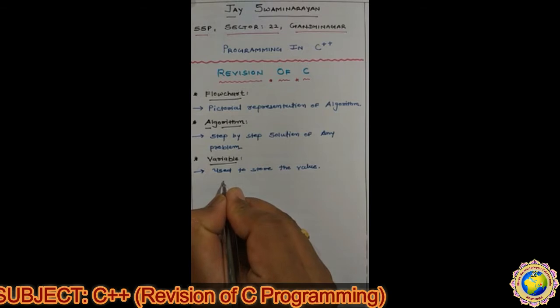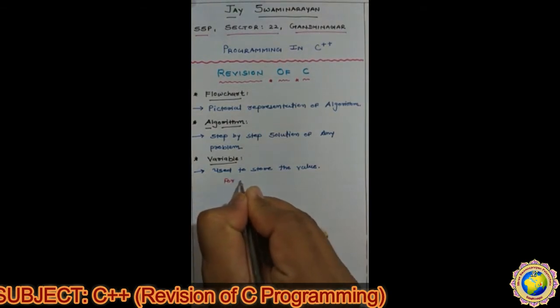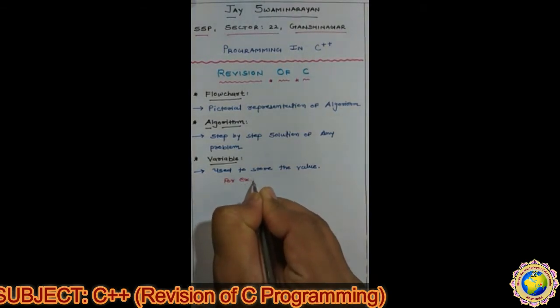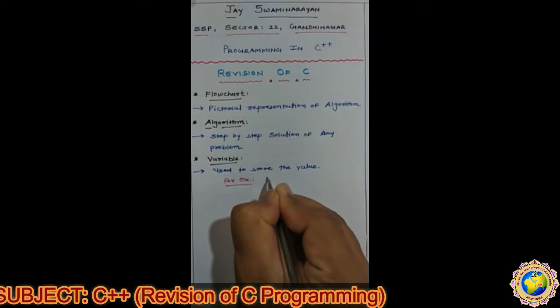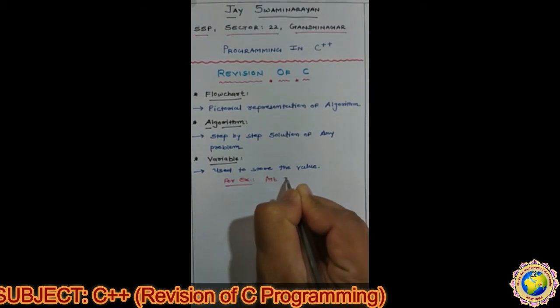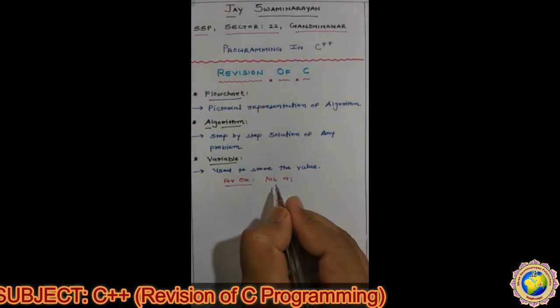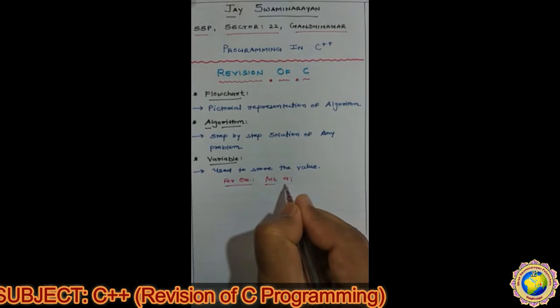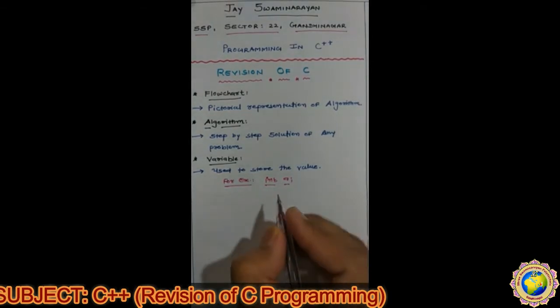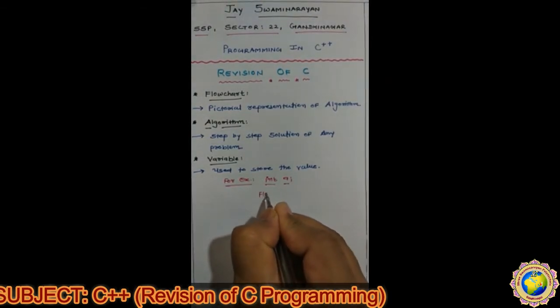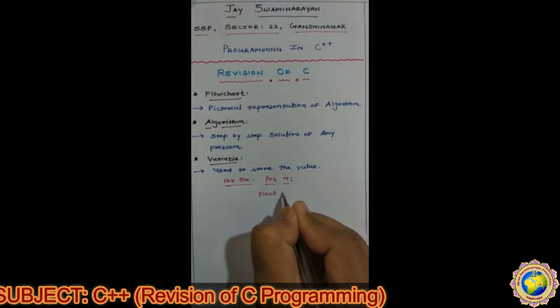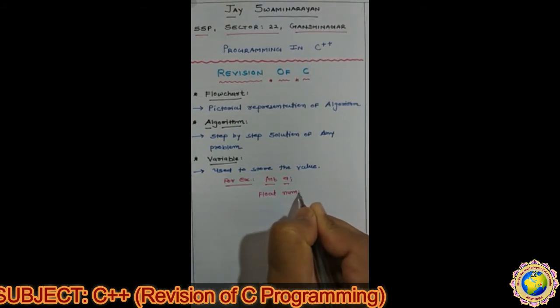For example, int a. Here int is a data type and a is a variable. In the same way, float num.